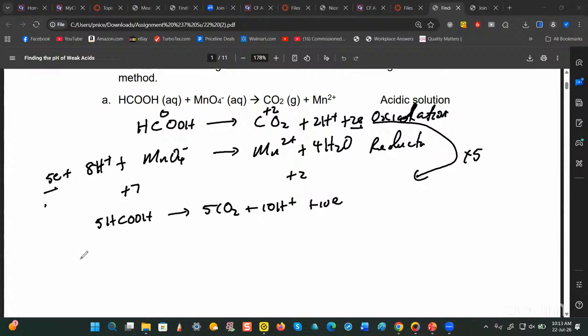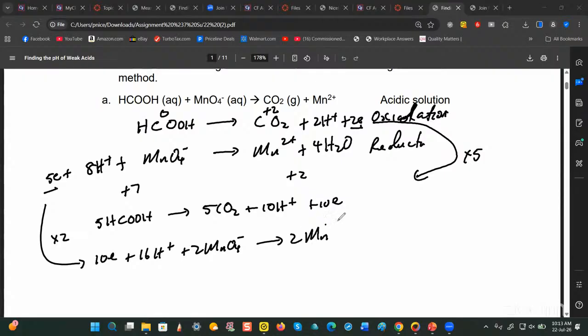And then for this one, we multiply right through by 2 to get 10 electrons plus 16 hydrogen ions plus 2 MnO4 minus to give 2 Mn2+ plus 8 H2O. All right? Then we add, and as he suggested, in adding, you might have to cancel some stuff.